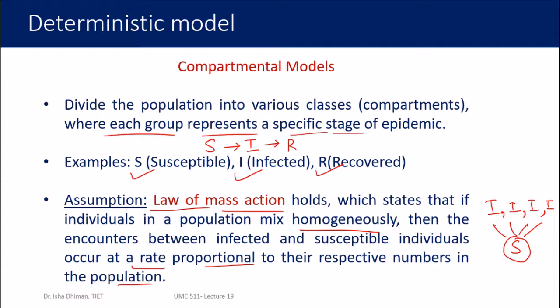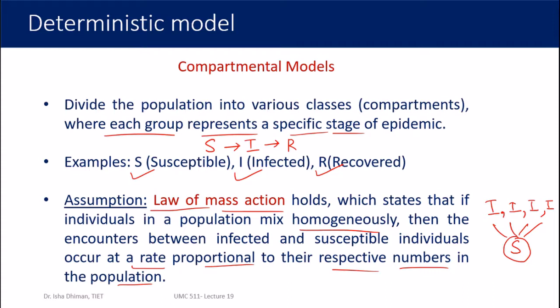So it is just saying that this rate is proportional to their respective numbers in the population. More infected people present means a higher rate of transmission of infection. Similarly, more susceptible people also give a higher rate of transmission.